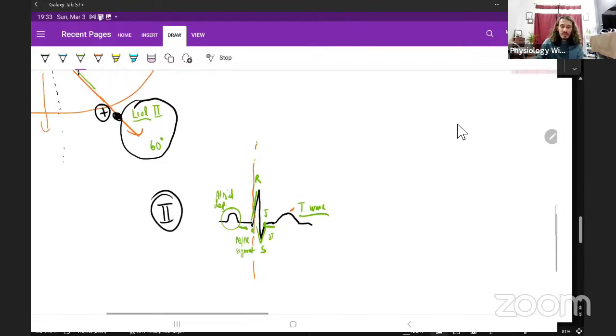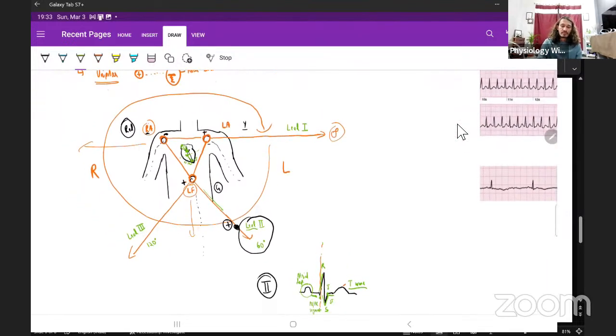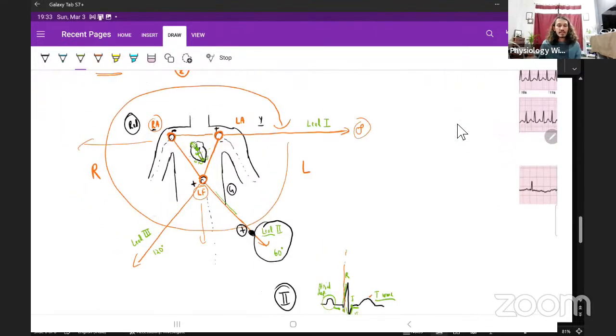This is why you generally take your lead 2 signals. Now that you understand how you get the ECG waveforms, we'll continue on to understand the other leads.